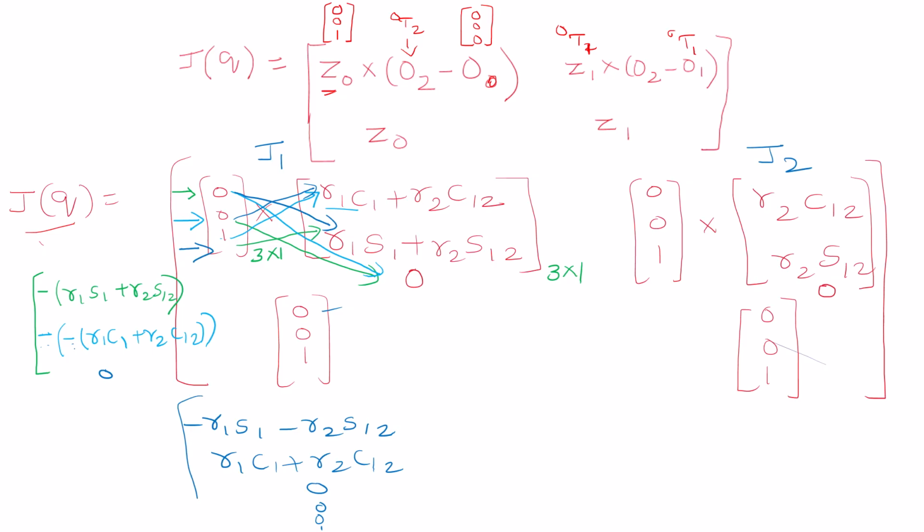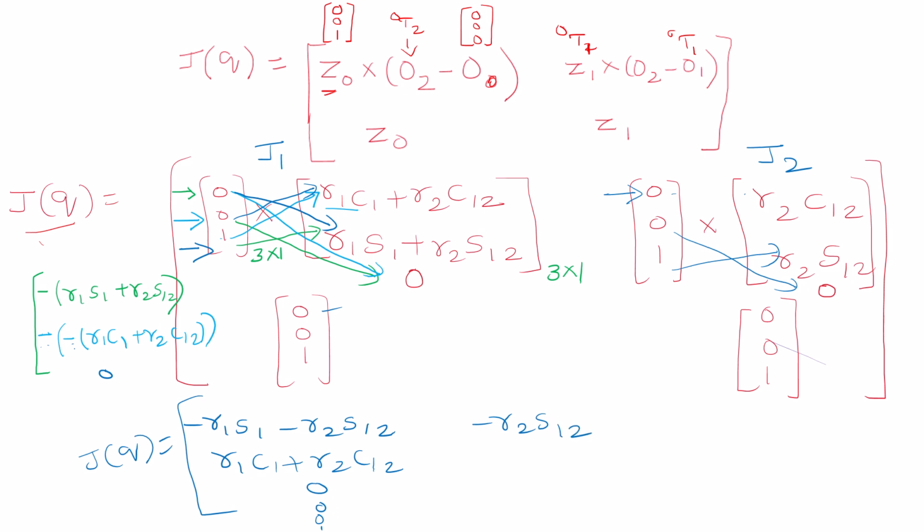So this is the J of Q. We have got J1, and now we have to also complete J2, so that is quite easy. So here just covering these first two rows, you have to multiply 0 with 0 minus R2 S12, that would be the first element.